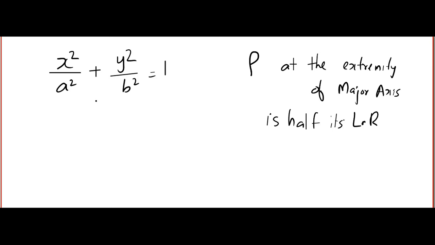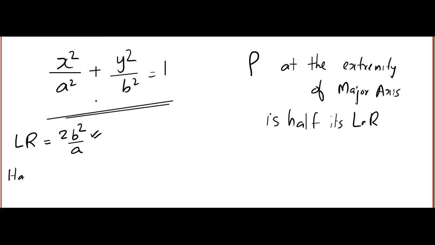Okay, so before we start, you have to know a few things. Point number 1, the length of latus rectum. Latus rectum means the chord perpendicular to the major axis and passing through the focus. The length of the chord is actually 2b squared by a. You might have learned this in class 12.